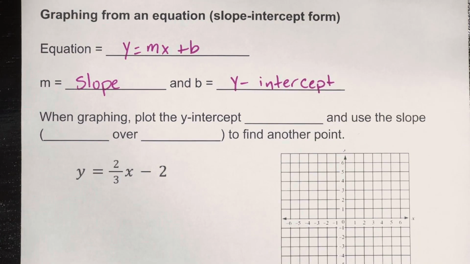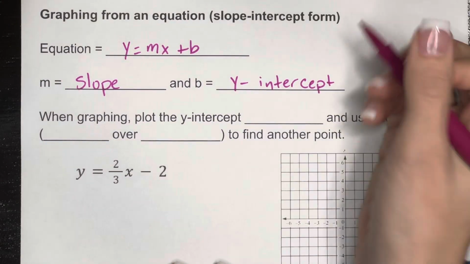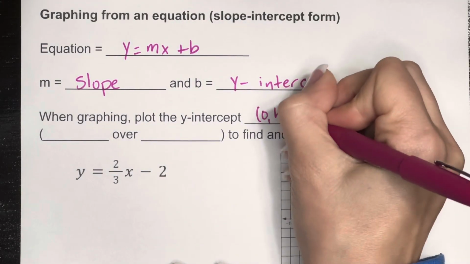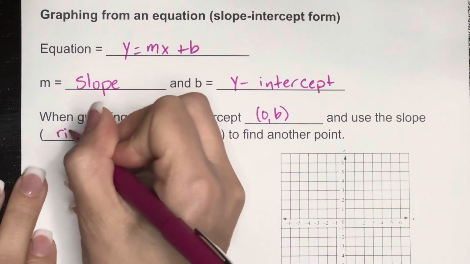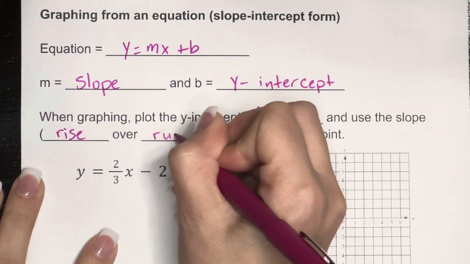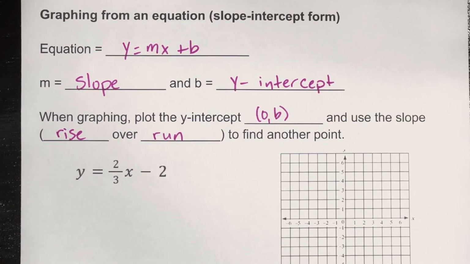When graphing, we're going to plot the y-intercept, which is (0, b), and then use the slope, which is just rise over run, to find another point.